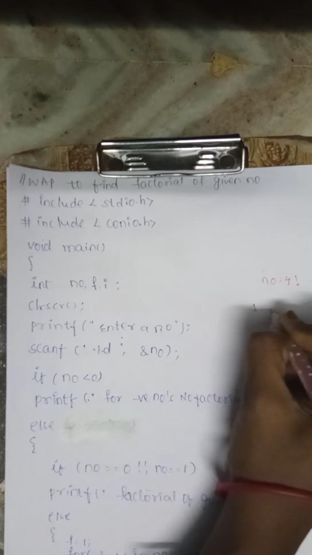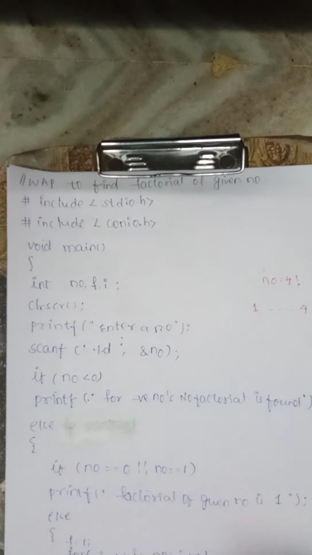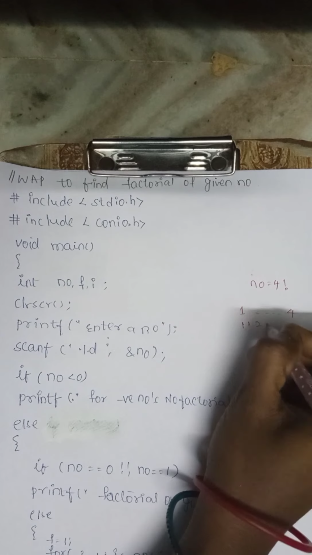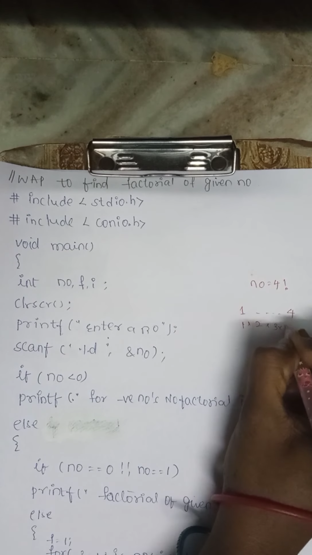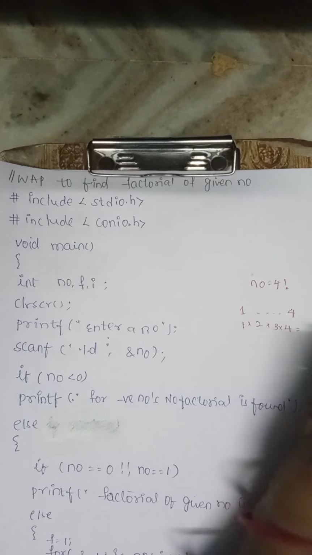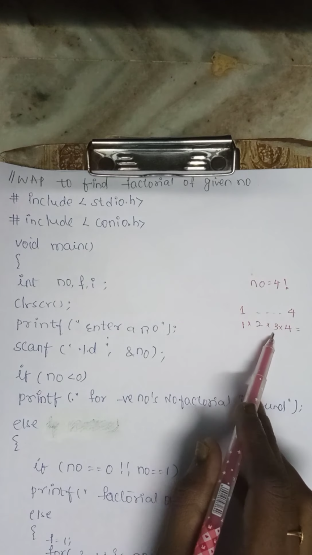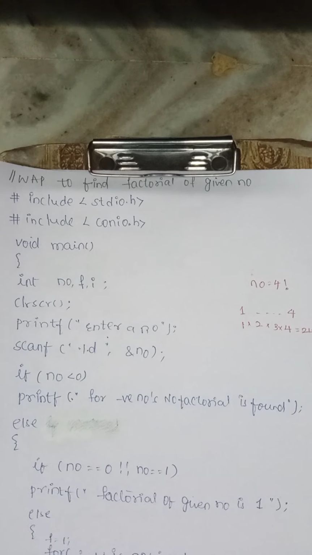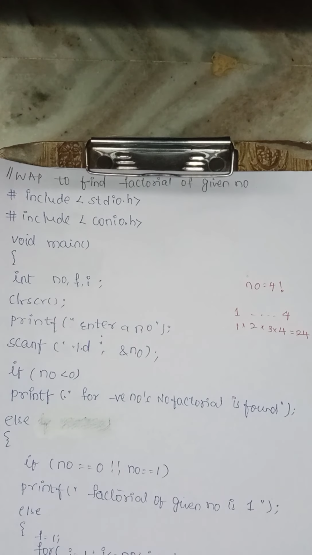Starting from 1 up to the number, all the numbers are multiplied. That means 1 into 2 into 3 into 4. Overall, 1 into 2 is 2, 2 into 3 is 6, 6 into 4 is 24. 24 is the factorial of the given number.